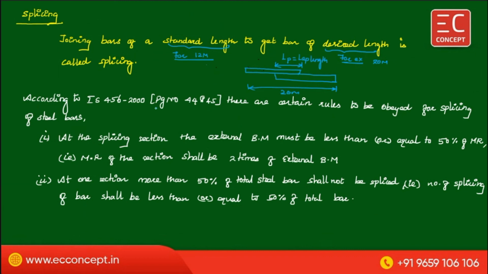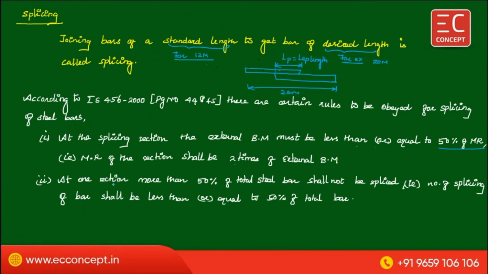According to IS 456, there are certain rules to be obeyed for splicing of steel bar. This process is called splicing. At the splicing section, the external bending moment must be less than or equal to 50% of moment of resistance. This is important. Or you can say the moment of resistance at the splicing section shall be 2 times the external bending moment.